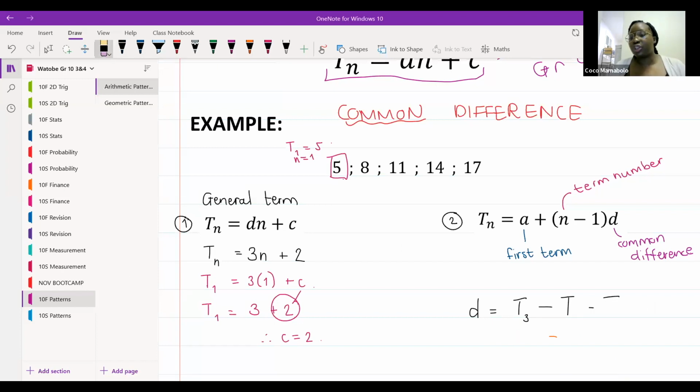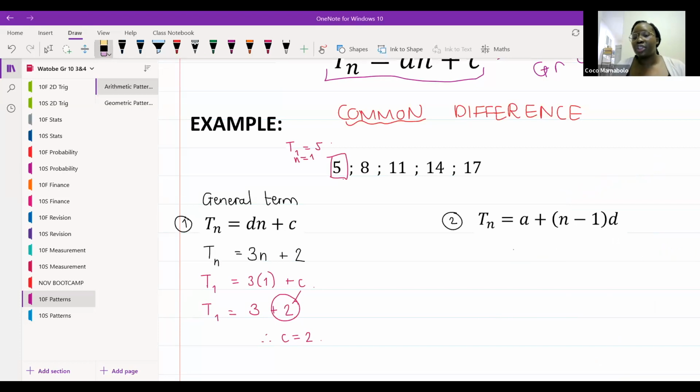Now we're going to use the exact same sequence to find the general term over here. Remember, this is also the formula for the general term. So here's what we're going to do. Remember, guys, we do not replace n. n stays as n everywhere. So we don't change n.